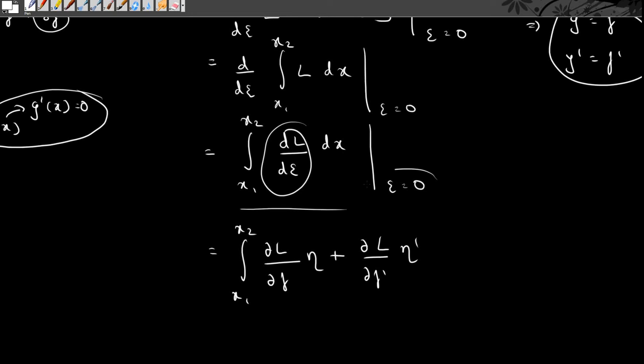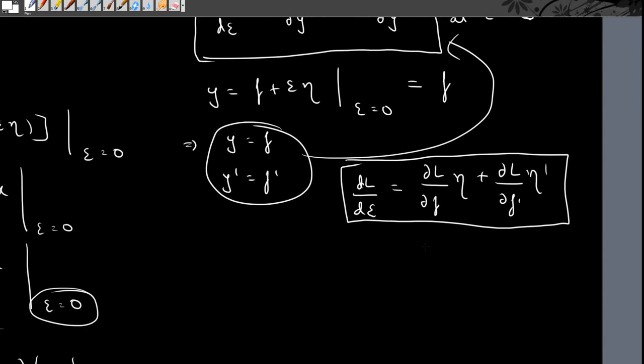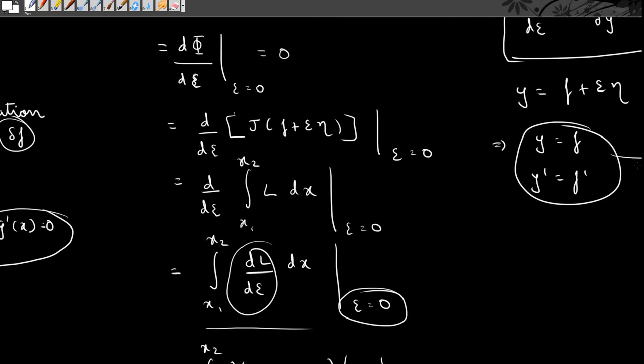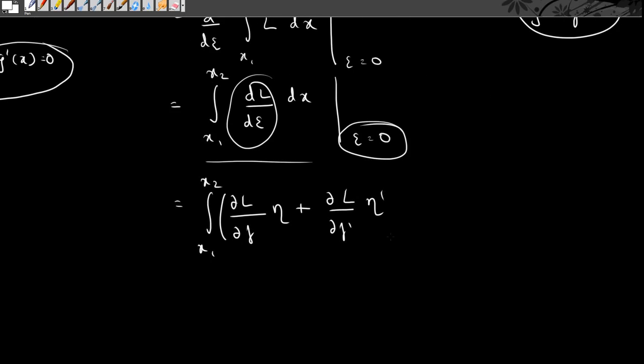So I have basically made this substitution here and I am getting this result, which is basically what I have done here. So this is at epsilon equal to 0, and that is what we get here. So this times dx.